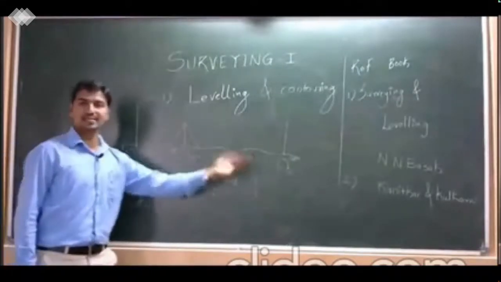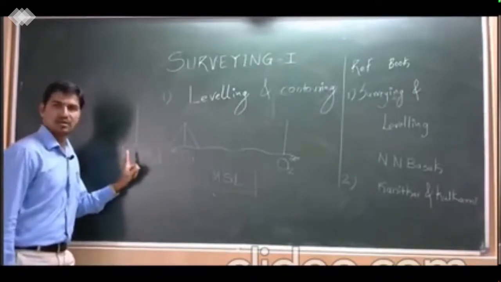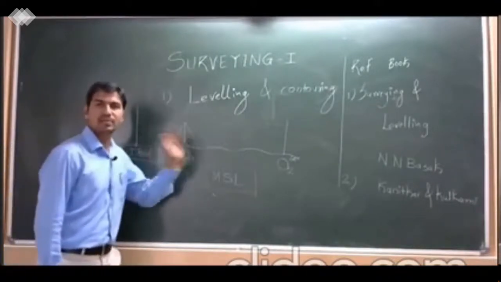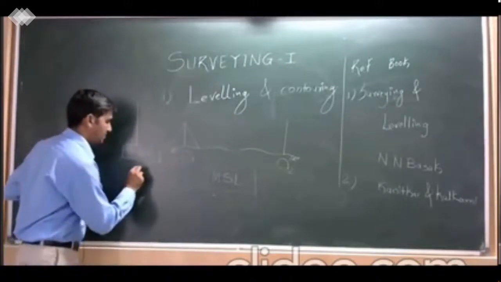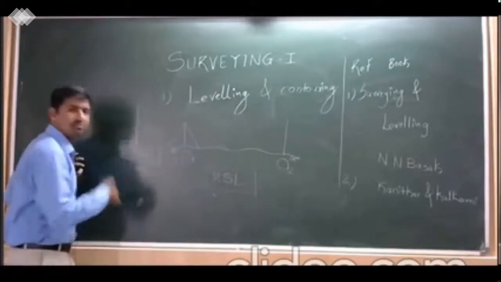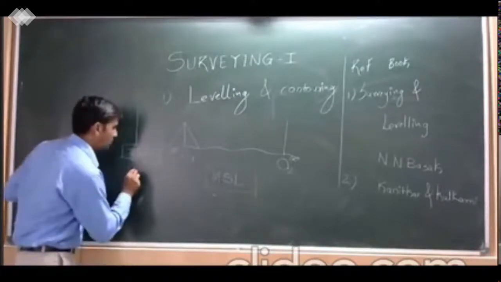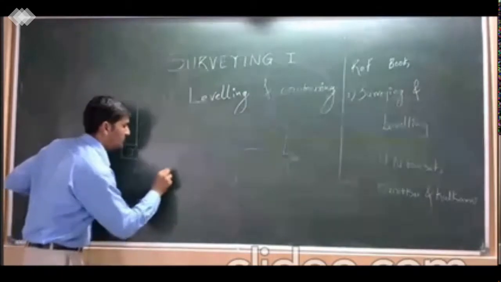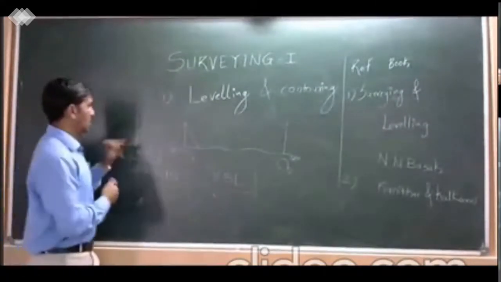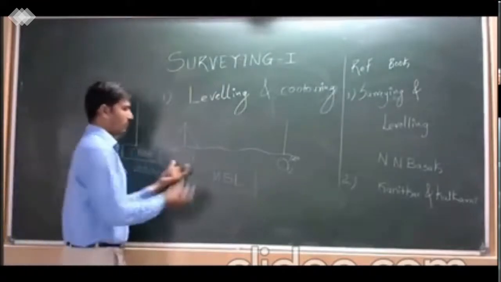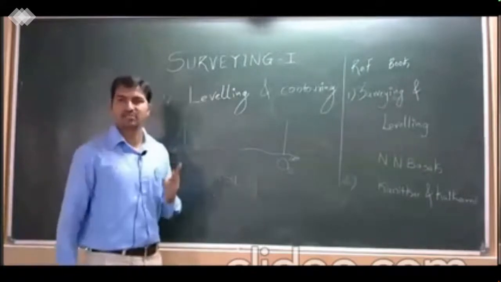Before going for the next process, let us decide the value of this temporary benchmark. As it is temporary, we can assume it as 100, 500, 1000, whatever. So I will assume this as 100.00 meters. Now, first thing, when you keep the instrument on the ground, we have to do two types of adjustments.